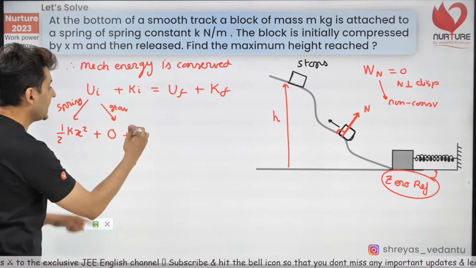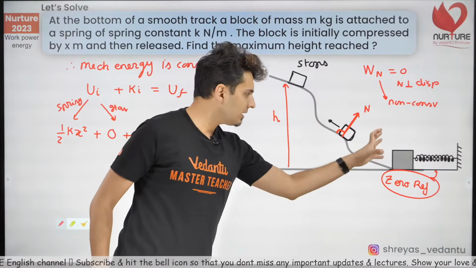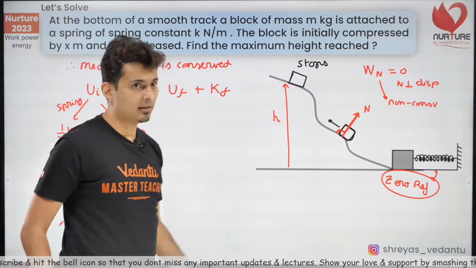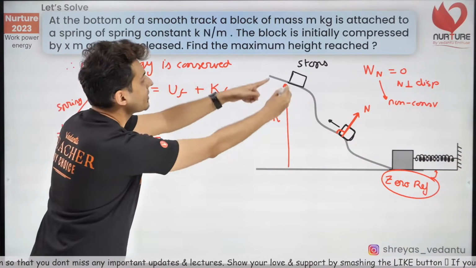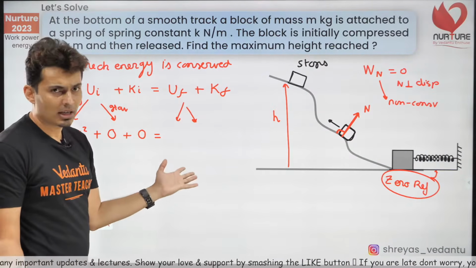So kinetic energy is also 0. I hope this makes sense to all of you. It's only just released. You have compressed it and just left. It has not yet acquired energy in the compressed state. Eventually, when it goes up, again it has two forms, spring and gravity.